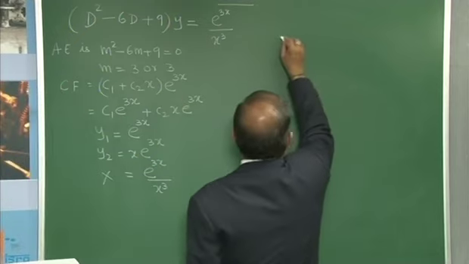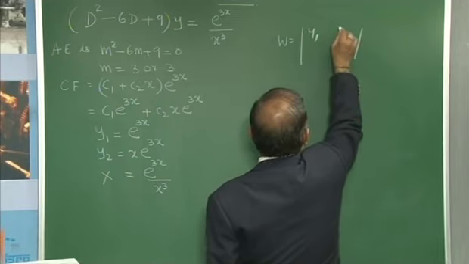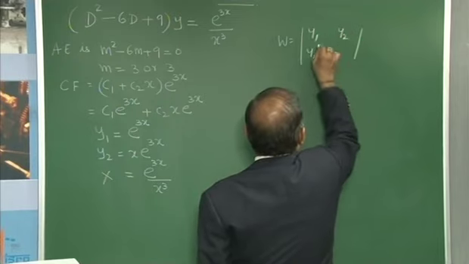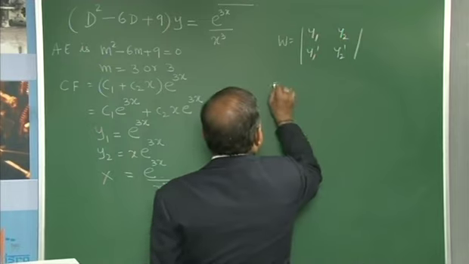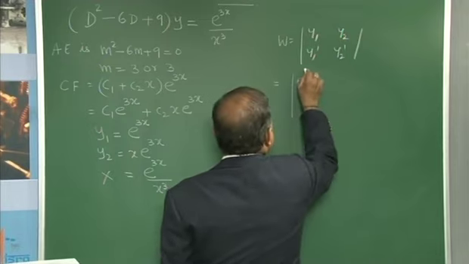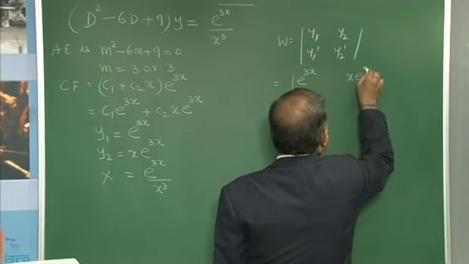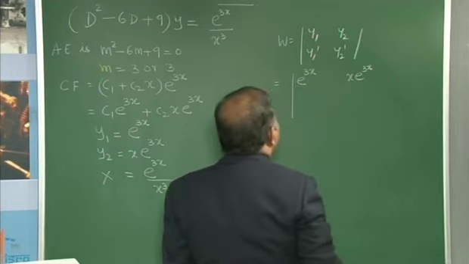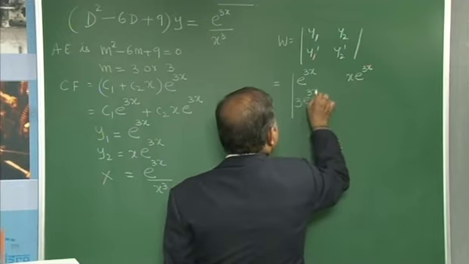Find the value of again W, determinant y1, y2, y1 dash, y2 dash. So, what is y1? E power 3x, y2 x e power 3x. Differentiation 3 e power 3x.